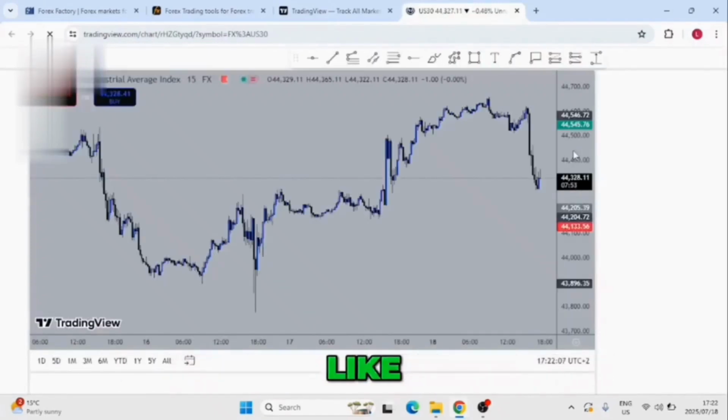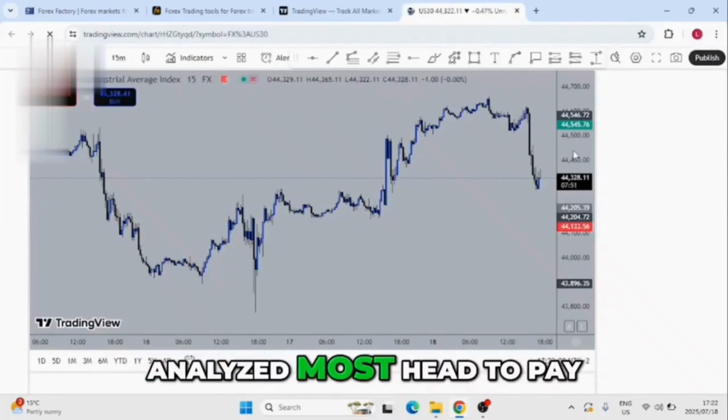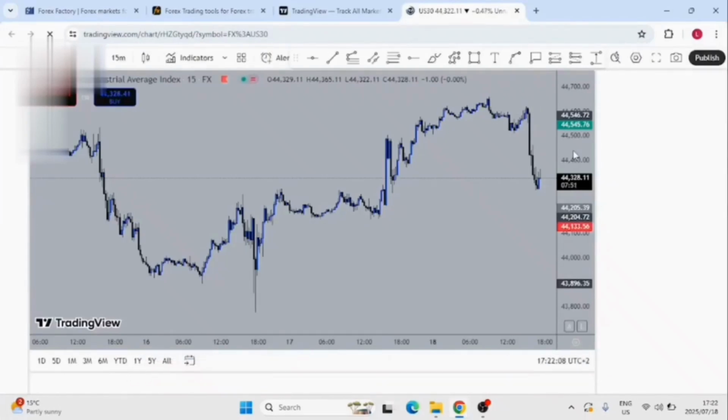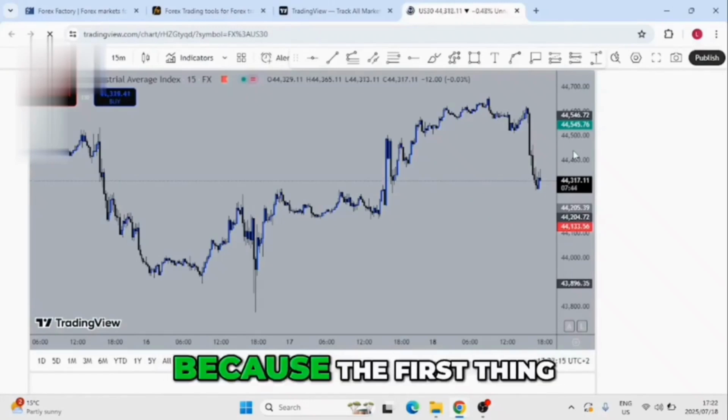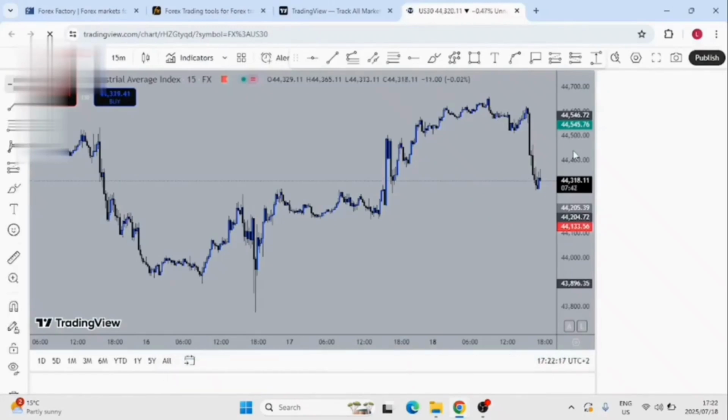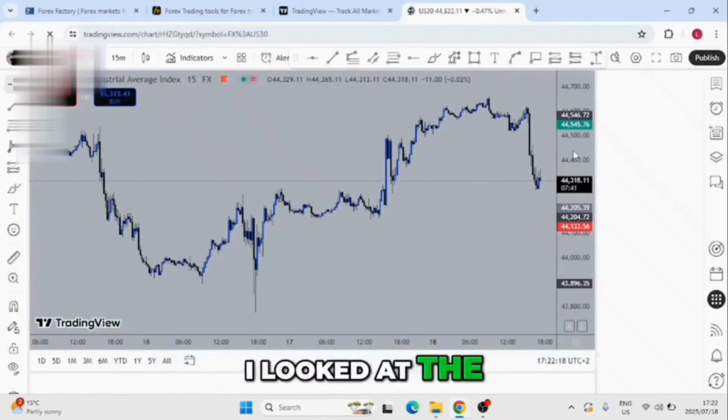Now I've already analyzed the US30 pair, but I'll go over what I see, because the first thing I did, I looked at the daily time frame.